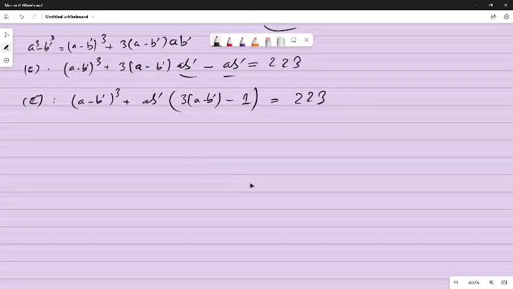And so because a is greater than b prime, we have a minus b prime strictly positive.